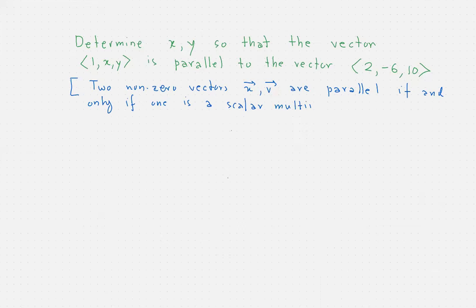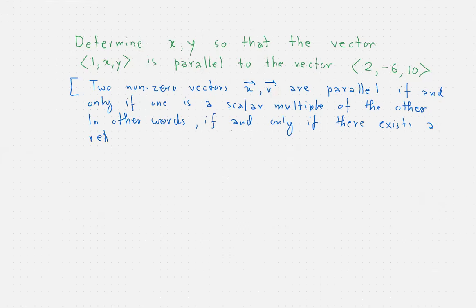In other words, if and only if there exists a real number lambda so that u is equal to lambda v. And of course, since we said that they're non-zero, v will also be equal to 1 over lambda times u.